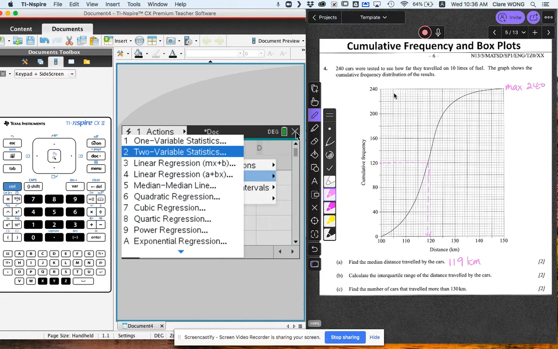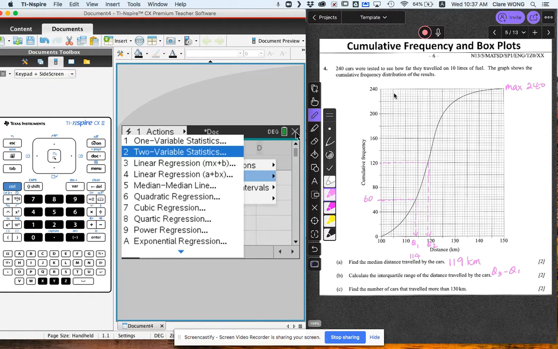B. Calculate the interquartile range of the distance traveled by the car. So we've mentioned before the IQR has to be Q3 taking away Q1. So you need to find Q3 first, which in this case, this one 60, go across and down. This is your value of Q1, which is 114.